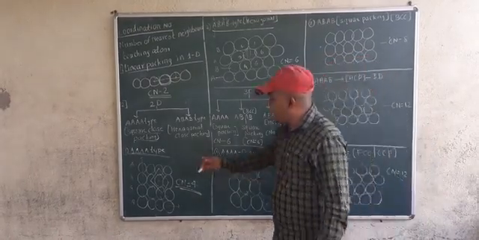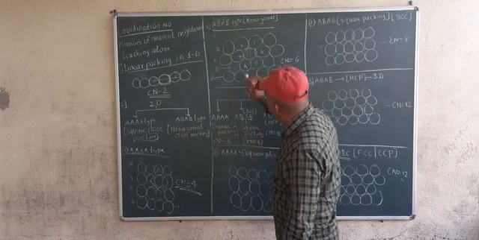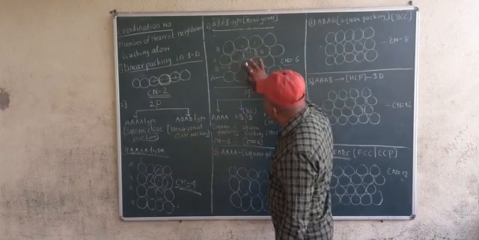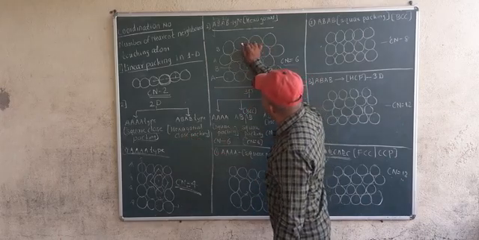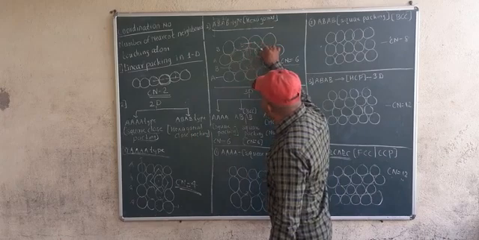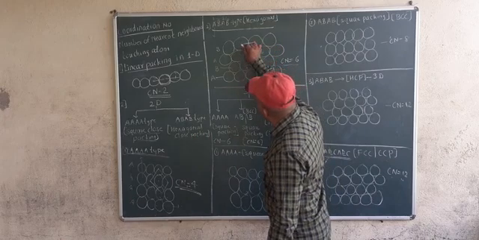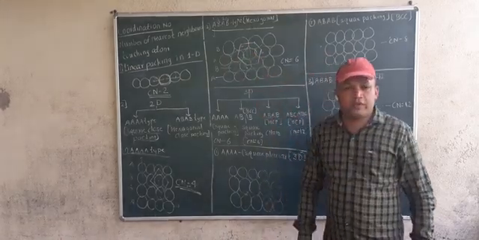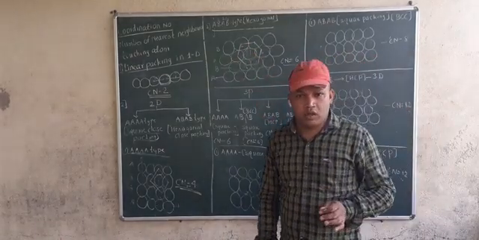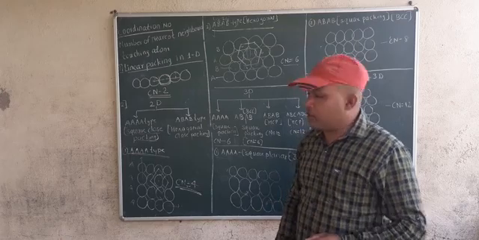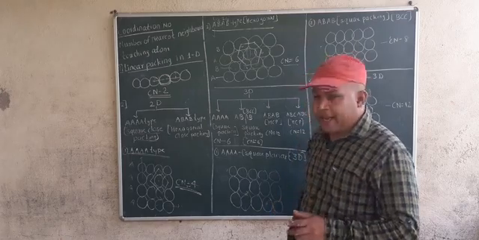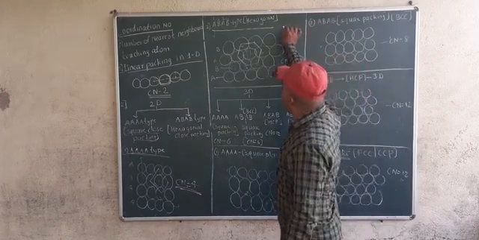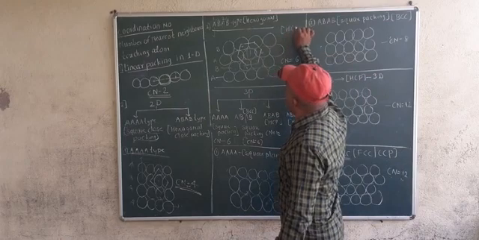But why is it called hexagonal close packing? Because if I join the centers of these circles, I'll get a hexagon. So that's why it is called hexagonal close packing, in short form HCP.